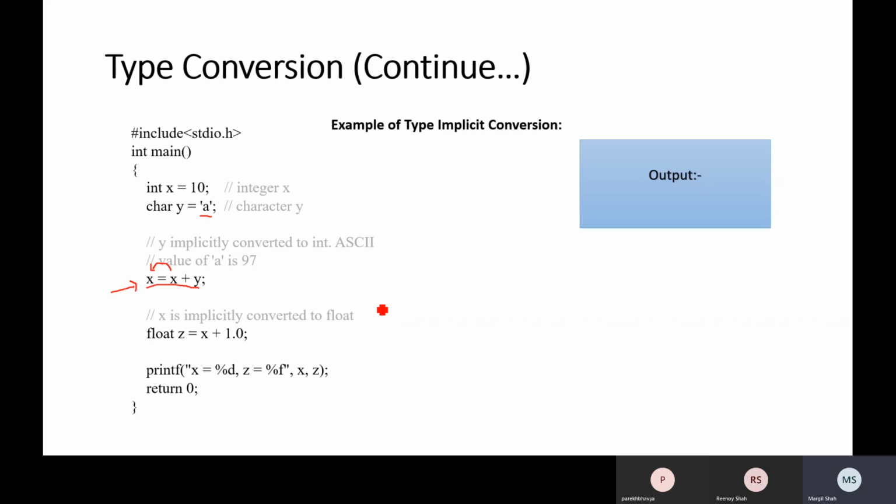So automatically x, that is 107 plus 1, that is 108, will be stored in z. Then we would like to display the values of x and z. So of course the answer is x is equal to 107, that is 10 plus 97, and z is 108.000000, because this is a float value, right? So this is how this will be executed.